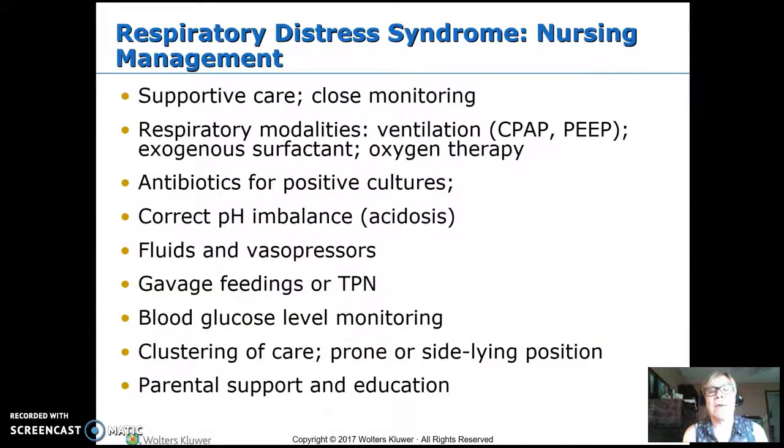So managing respiratory distress syndrome. Well, first is supportive care and close monitoring. We're probably going to have to do some respiratory interventions. We may be able to do CPAP, continuous positive airway pressure, and really what we're worried about is the PEEP, positive end expiratory pressure.